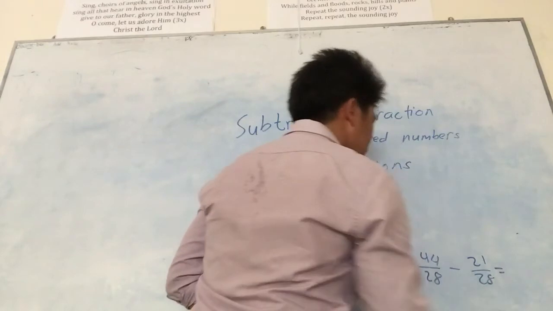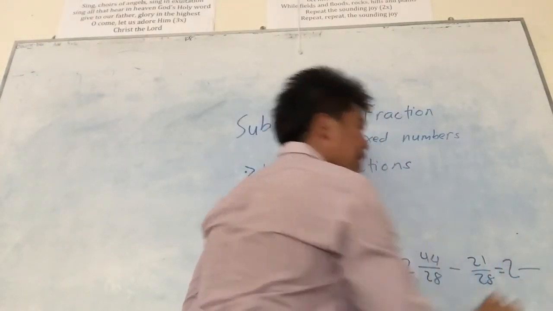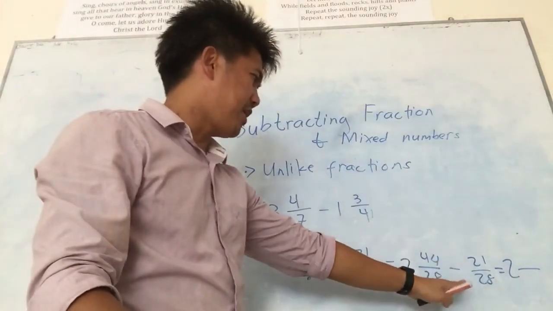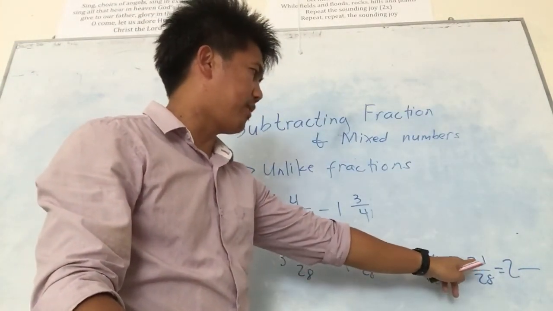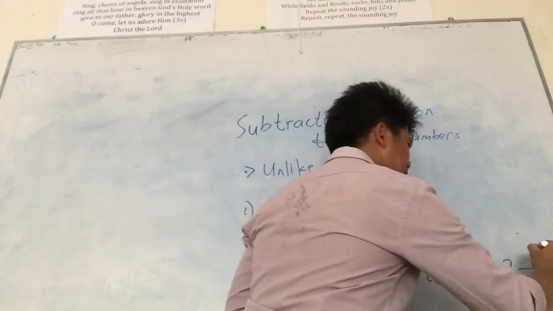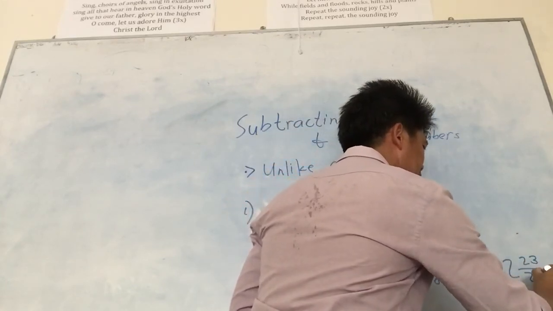So now you can minus. So 2, that's 2 there. And now you can minus 44 minus 21. That is 4 minus 1 is 3. 4 minus 2 is 2 over 28.